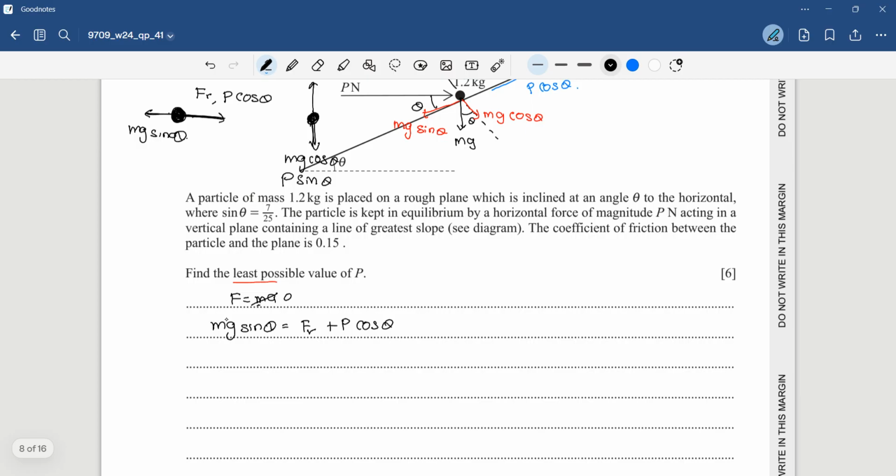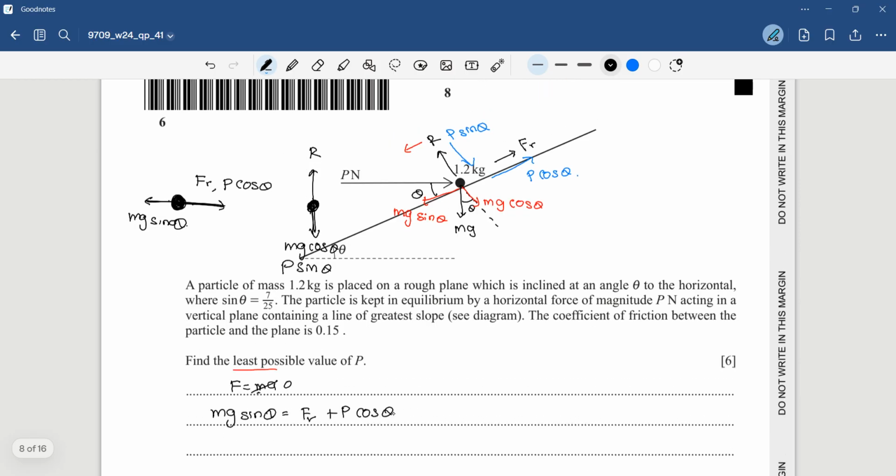And for vertical there is no motion, so it's also equal to 0. So upward force, my R, is equivalent to mg cos theta plus P sine theta.